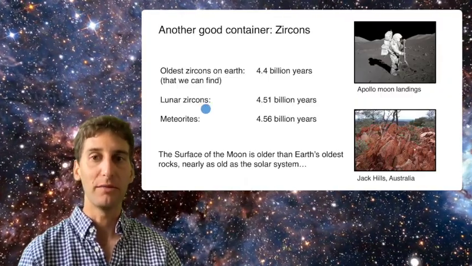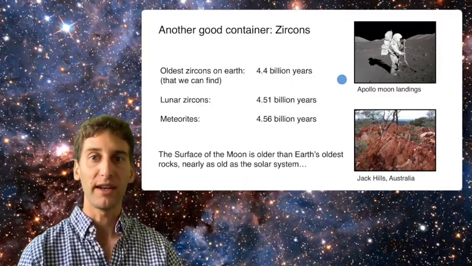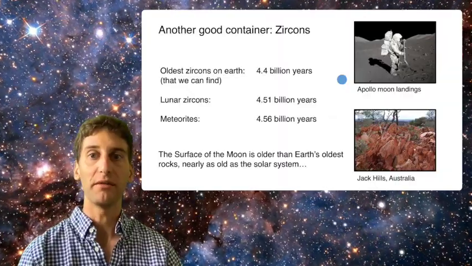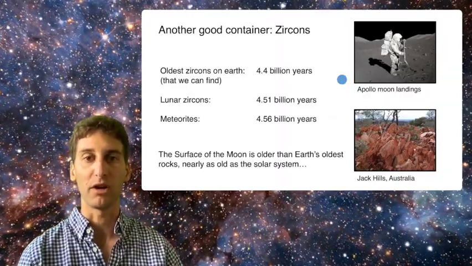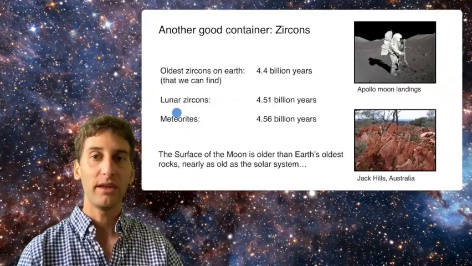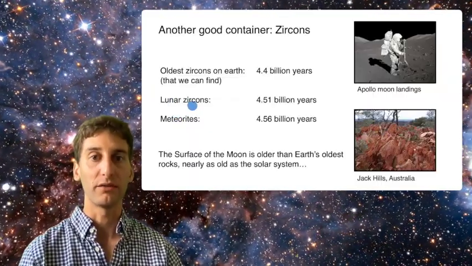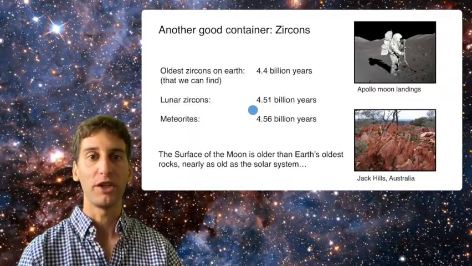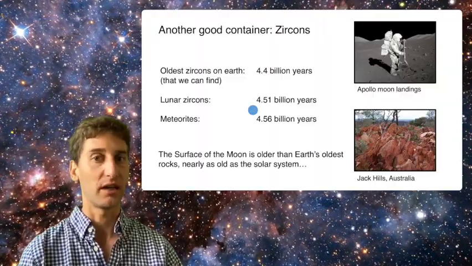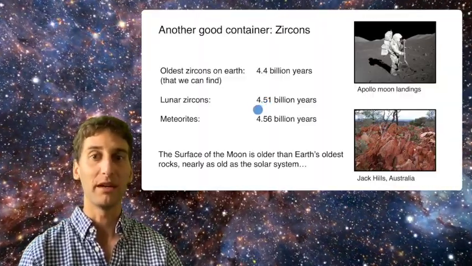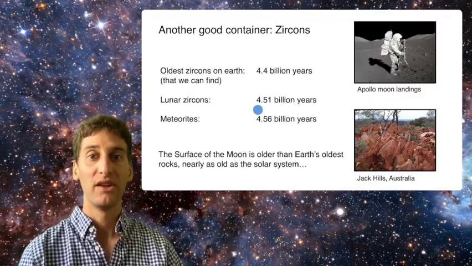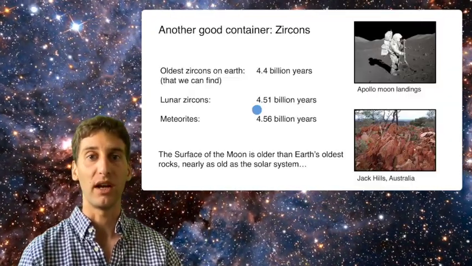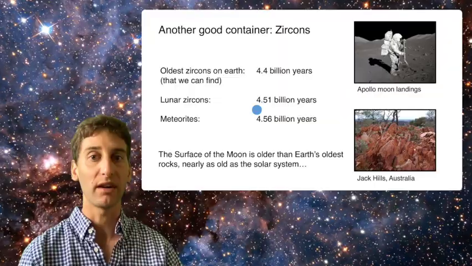Now, during the Apollo missions, they were really motivated by geology, and so a lot of rock samples and soil samples were brought back, and within those lunar samples, zircons were found, and these were dated with the uranium-lead system, just like zircons here on Earth, and these were found to be around 4.5 billion years old. So these are slightly older than the oldest zircons on Earth, which is pretty incredible.